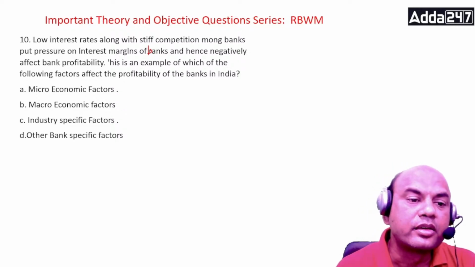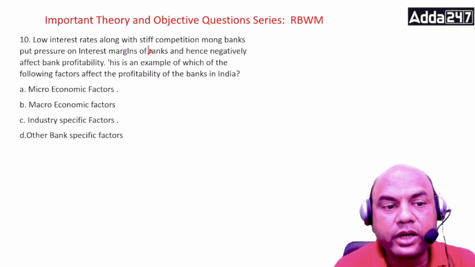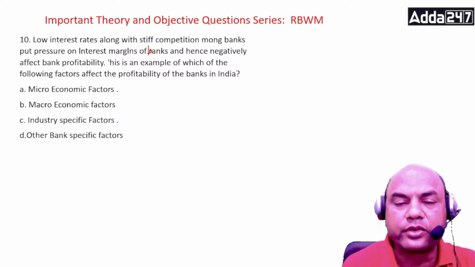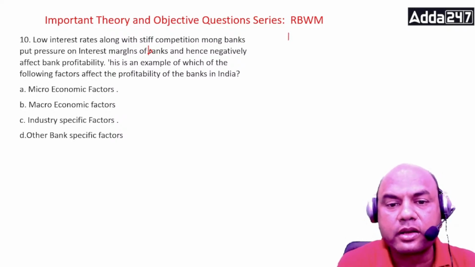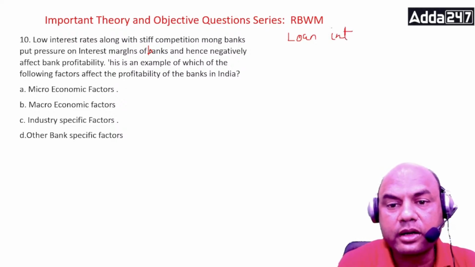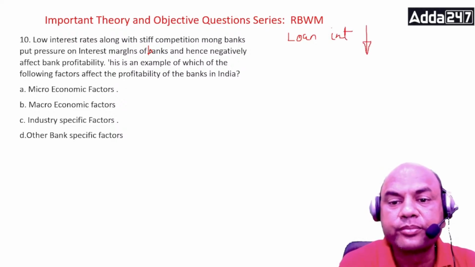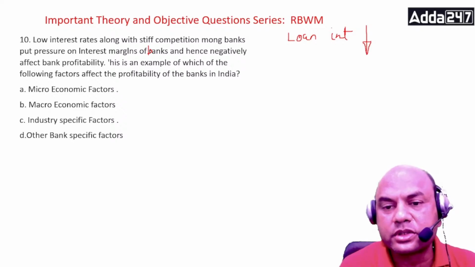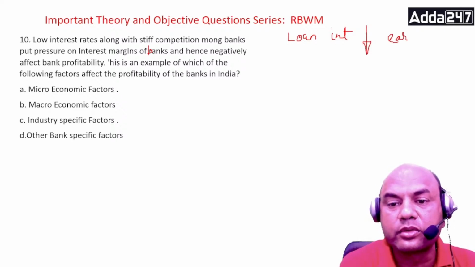So basically, what does it mean? Low interest rates. Now you might have seen all the loan interest rates are going down, right? As the loan interest rate goes down, the bank's earning also goes down.